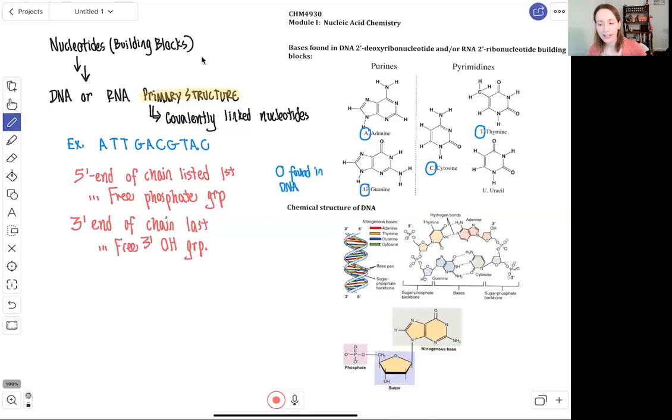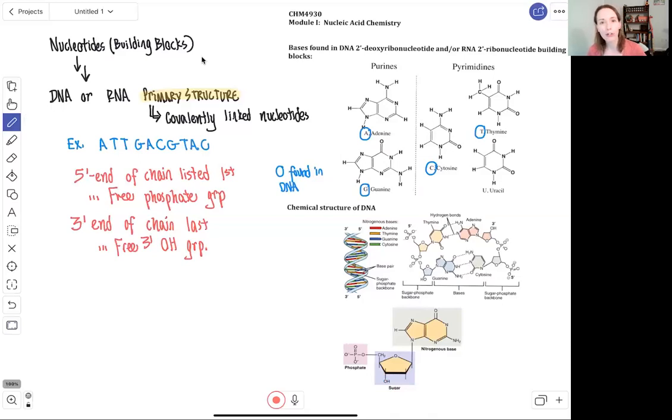And we refer to this entire chain as the primary structure of the DNA or the RNA, the primary structure of that nucleic acid, what is linked all the way through by those phosphodiester bonds. This is analogous to the primary structure of a protein, where remember that the primary structure of a protein was just the amino acid sequence.